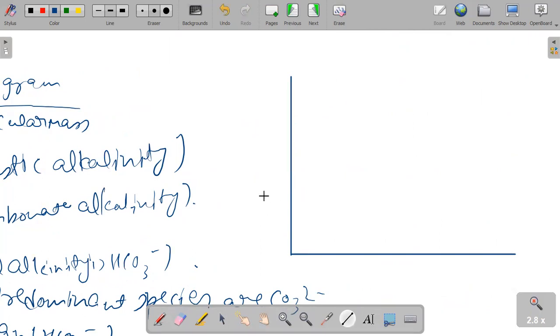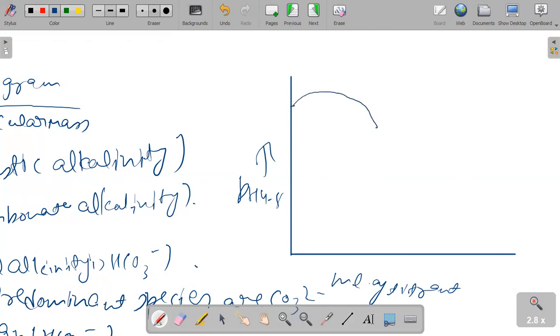Here this is pH 4.5, and this axis is ml of titrant, and we have a graph something like this.